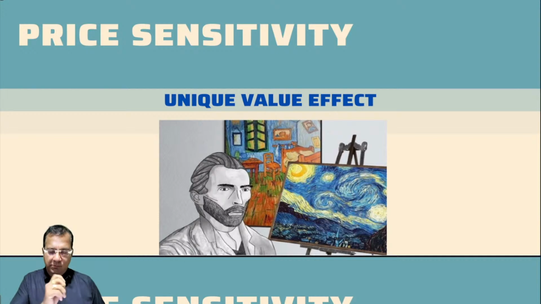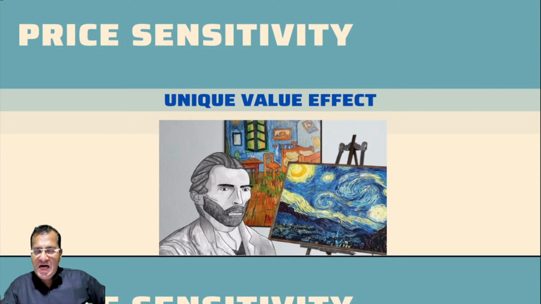Now write down in situation: unique value effect. Write down the example: artwork such as painting, handmade items, etc.